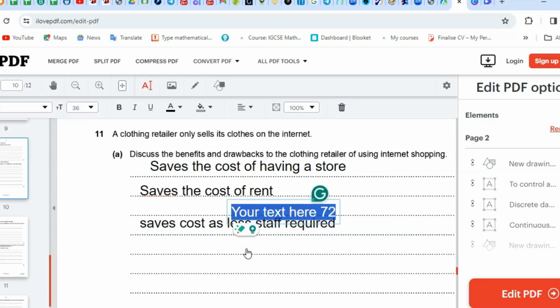Another one is that it relies on customers that only shop online. You only have customers who shop online.